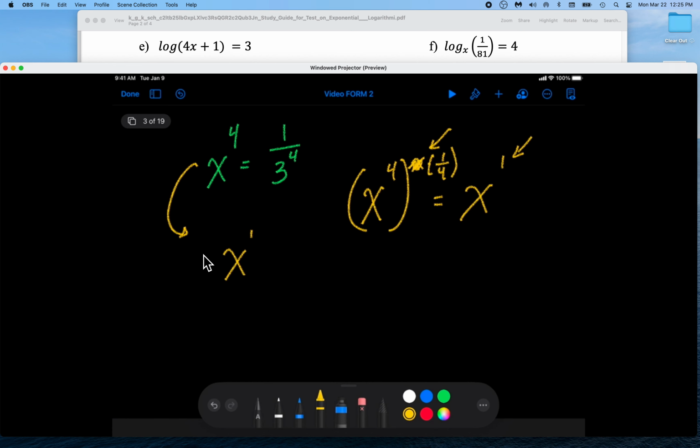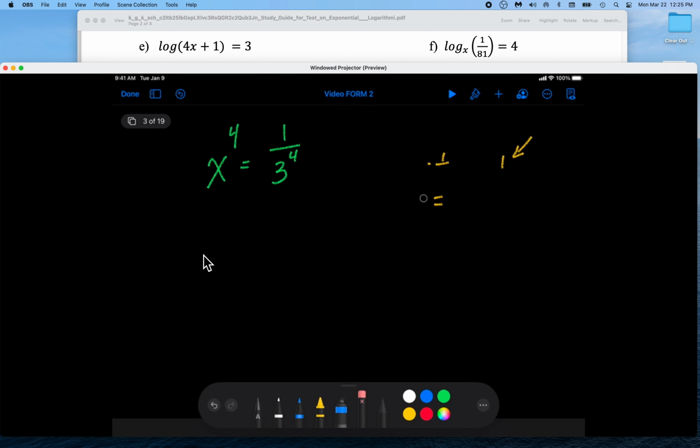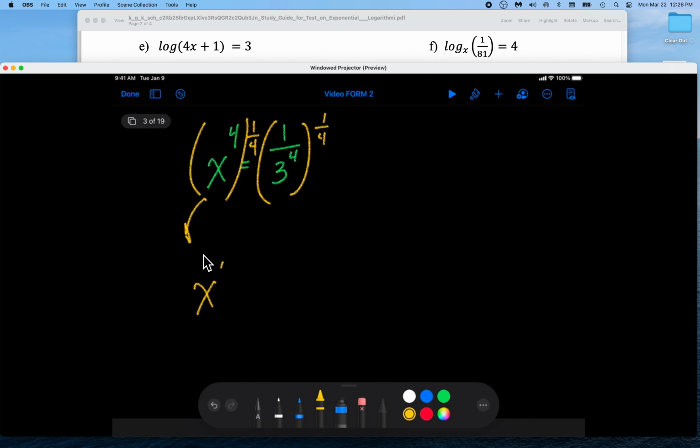So what we're going to do here, folks, is raise both sides of this green equation to the 1 over 4 power. This is a nifty trick. This now becomes x to the 1st as promised.